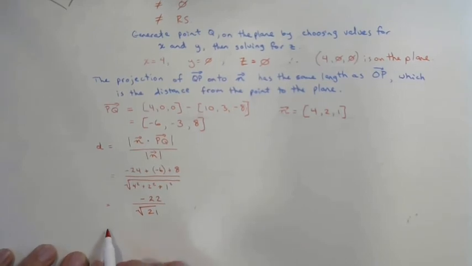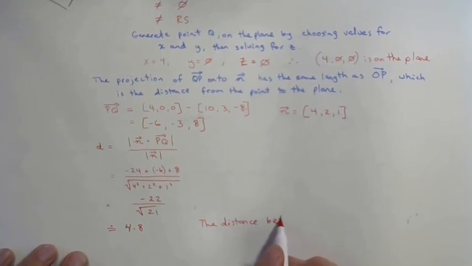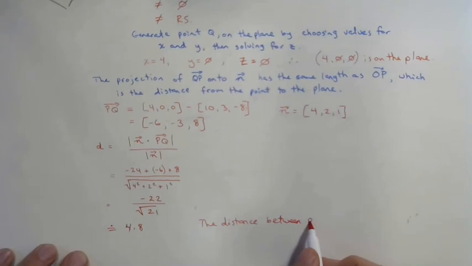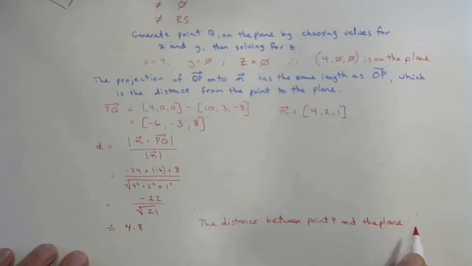If I estimate that value in my calculator, I get 4.8. Therefore, the distance between point P and the plane is approximately 4.8 units.